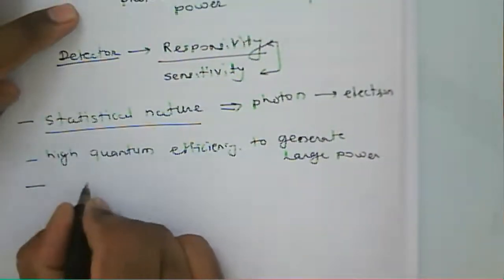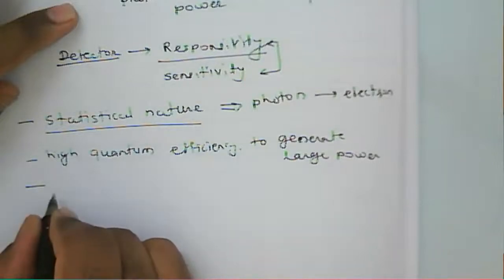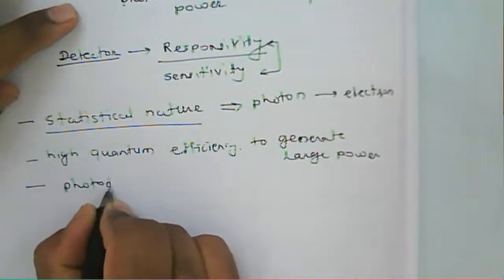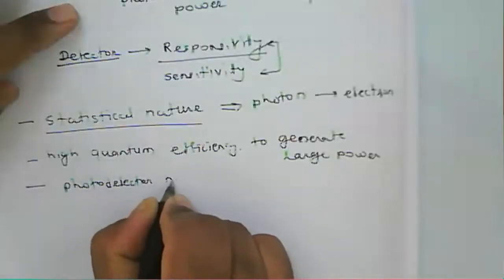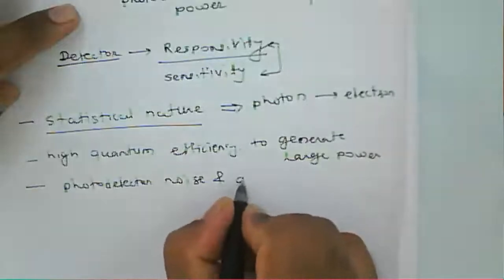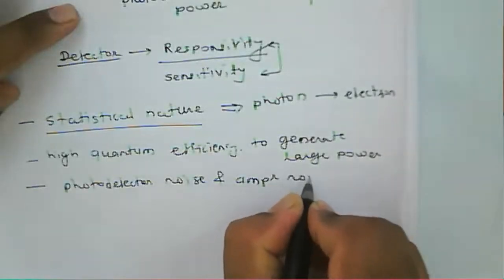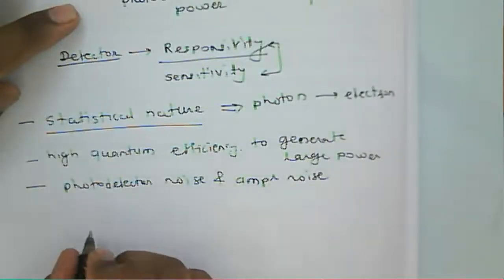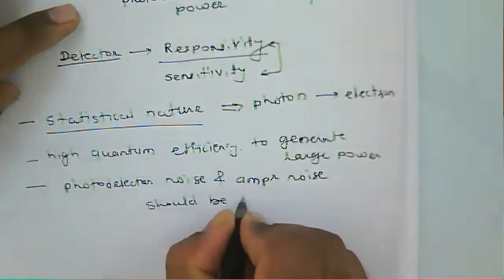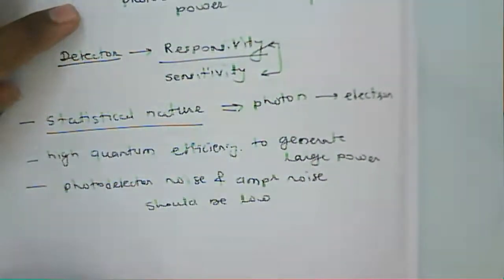And another condition is what? Whatever noise is present in the photo detector, because we say photo detector noise and the amplifier noise, that should be low.